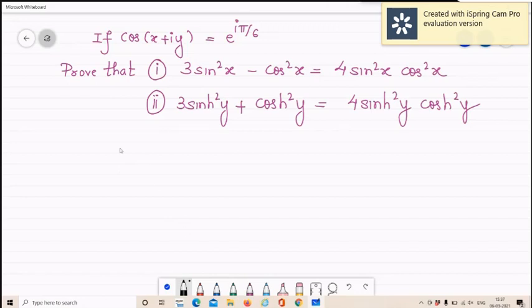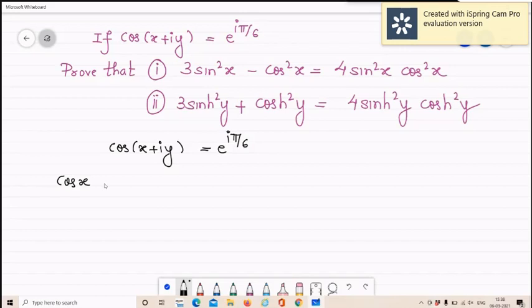So first I will start with my sum. The only difference is the right hand side is e raised to I theta. Please apply that on the right hand side.